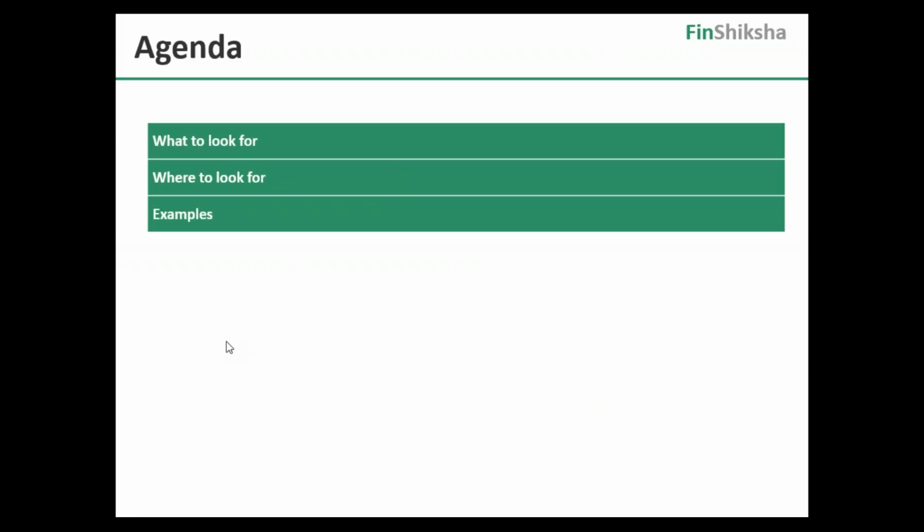This webinar's contour is going to be: what do we look for in an annual report, because we will be sitting outside. We will never have insider information unless we are working for a bank or for a credit rating agency. Where do we look, and with some examples. That's the primary objective of this webinar.